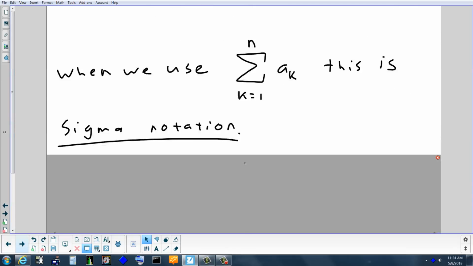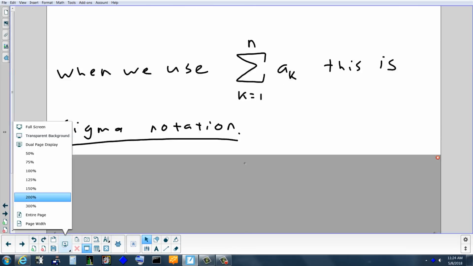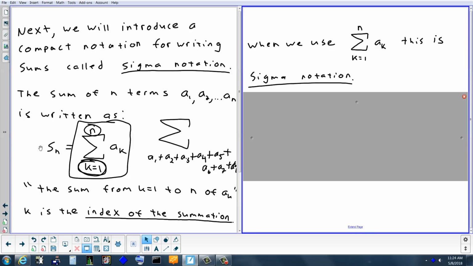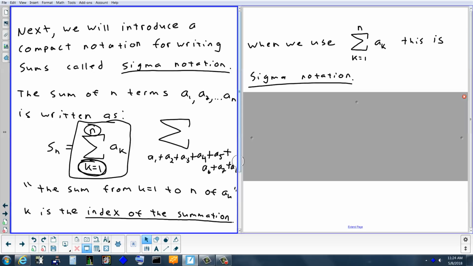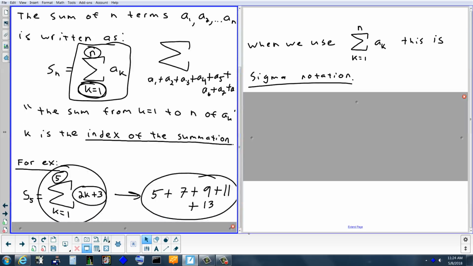Okay, when you write something in that notation, that is called sigma notation. So what I have on the left, circled in red, that's sigma notation.